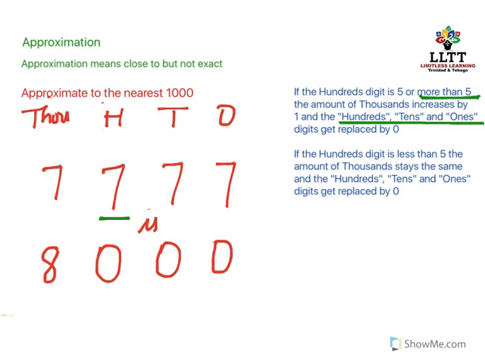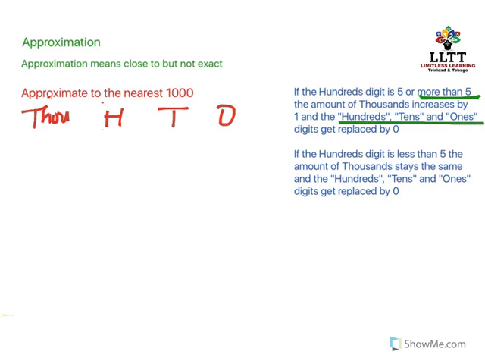Let's look at another example. Suppose we had 4,516, and again, we want to approximate to the nearest thousand. Again, we're going to look at our hundreds digit. Our hundreds digit is 5.